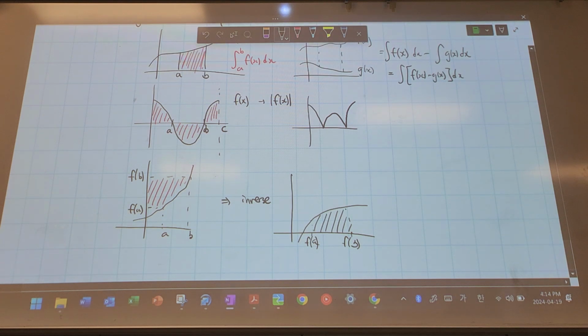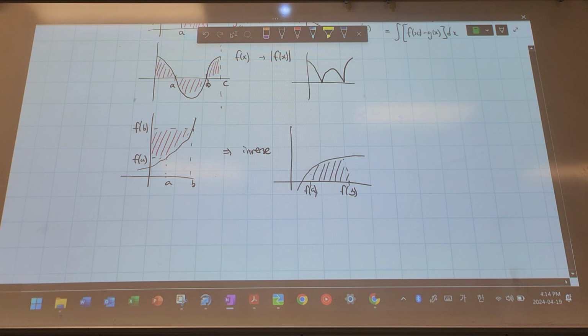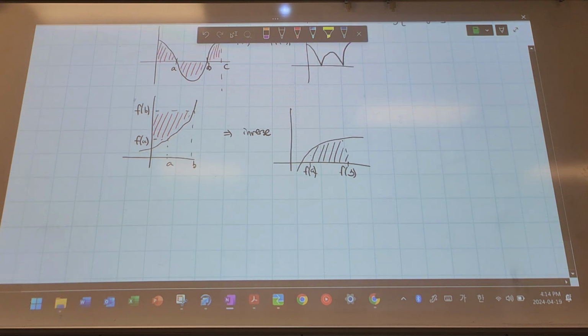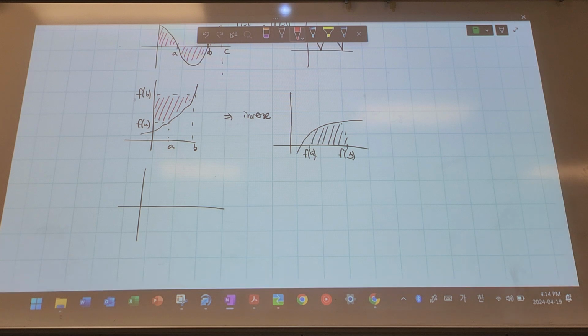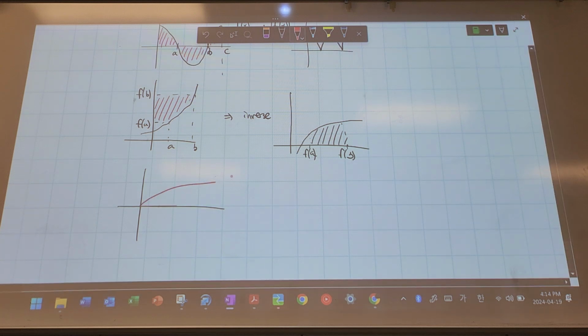Okay. And of course, we take this a step further for our HL stuff, when we try to find the volume. So we take a function like this, and then we rotate it around, from this point 0, let's say, to point B. And then what do we do?